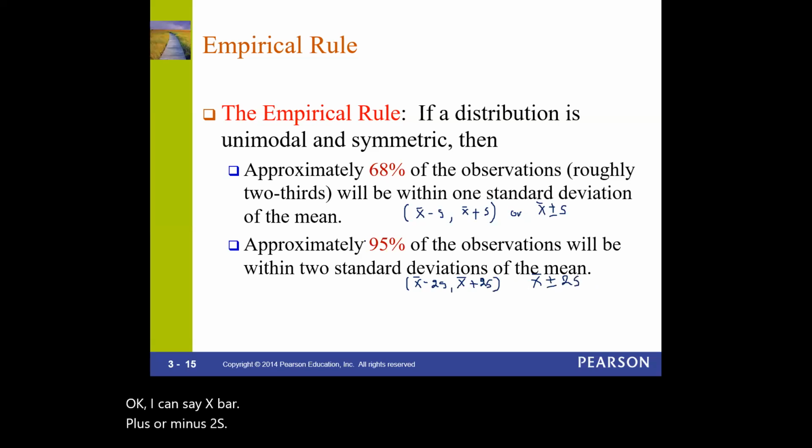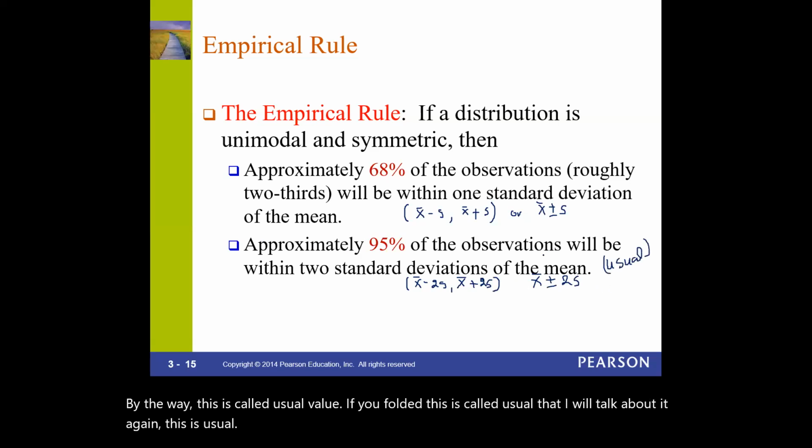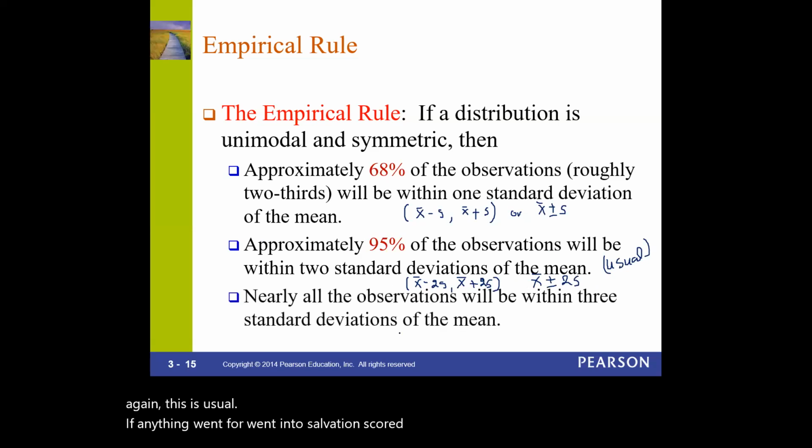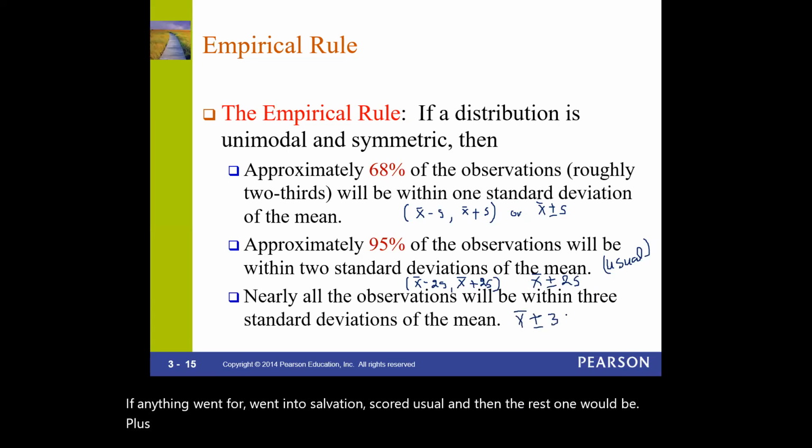By the way, this is called usual values. If you fall there, this is called usual. I will talk about it again. Anything within two standard deviations is called usual. And then the rest one will be X bar plus or minus 3S. And the rest will be 100%.